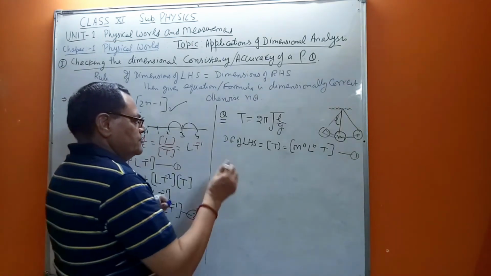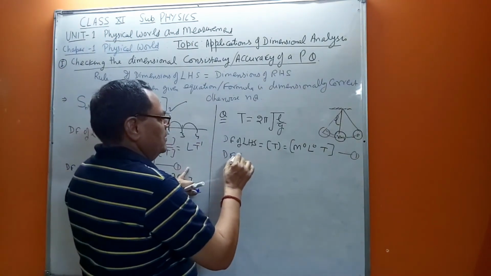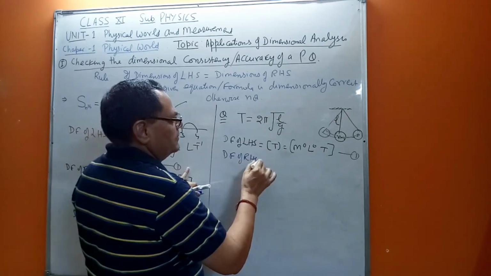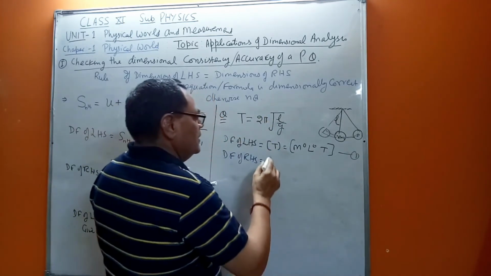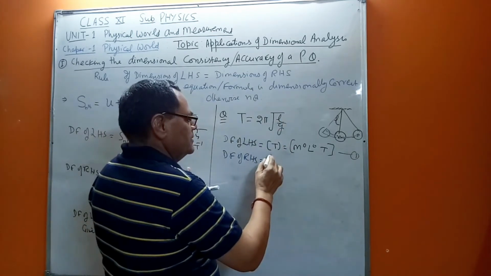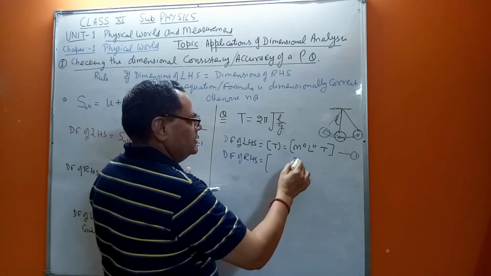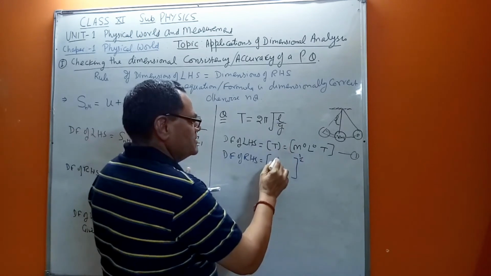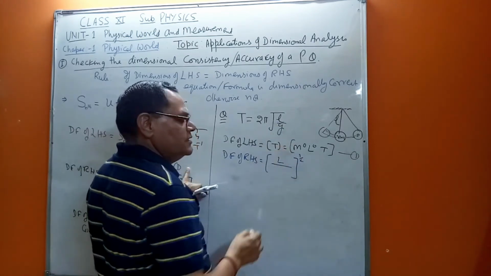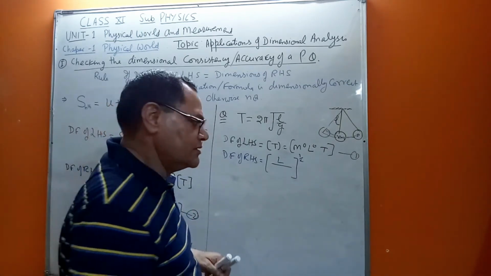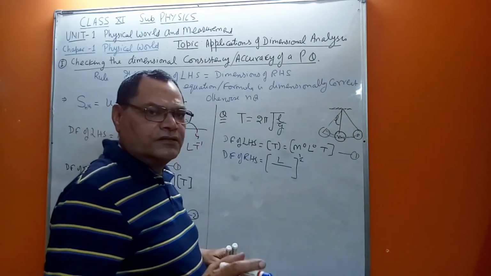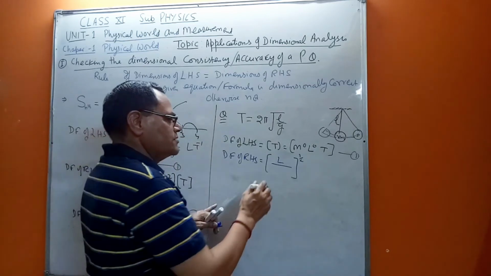Now the right hand side. We write the dimension formula of RHS. 2 pi being a constant has no dimension at all. Now this is a square root, so we can put the power half. L means length L, and G, acceleration due to gravity, means L T minus 2.